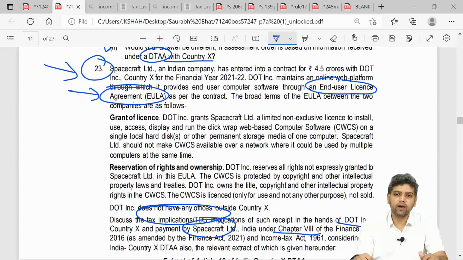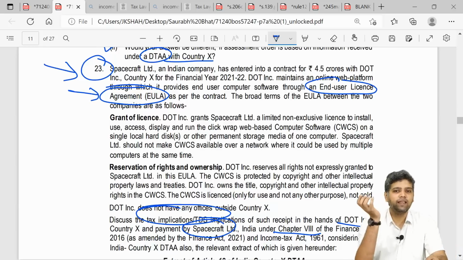As I told you right now, that based on Supreme Court decision, we know that payment towards a shrink wrapped software or payment towards a software having an end user license agreement cannot be regarded as royalty under the provisions of DTAA. Since this is not royalty, the provision of equalization levy will apply.